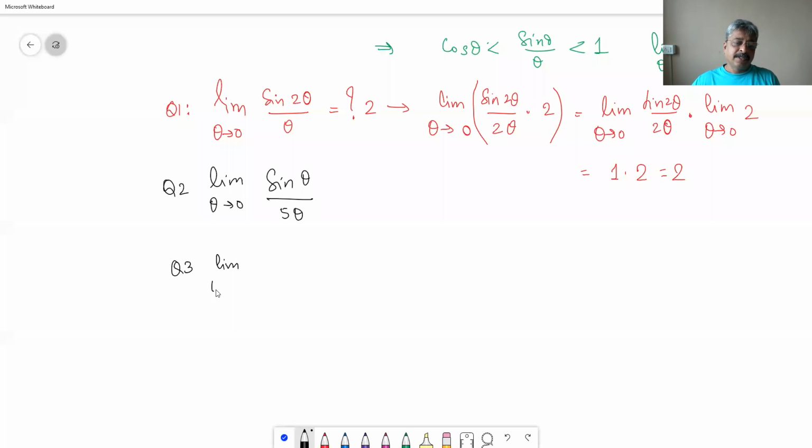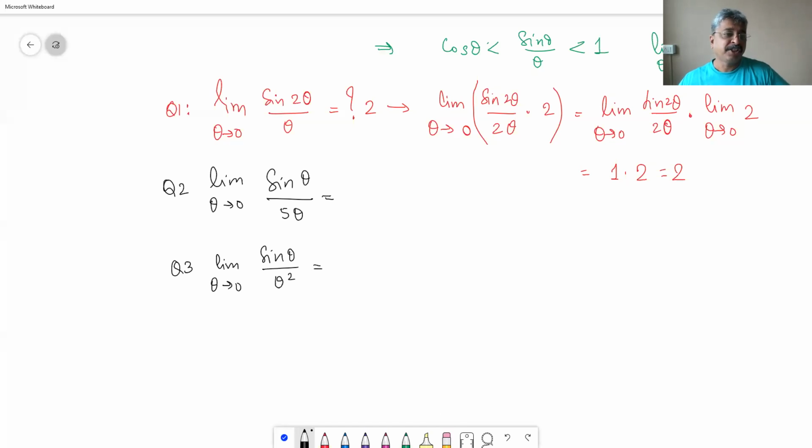Limit theta tends to 0, sine theta upon theta square. Okay, I give you 4 minutes, 3 minutes for these 2 problems.